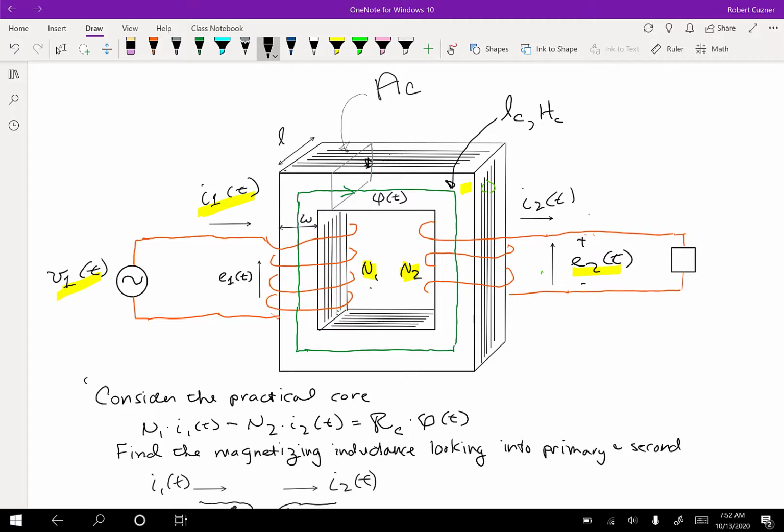the input volt amperes, which would simply be the product of V1 RMS times I1 RMS, and assuming that a power meter were available, we measured the input power factor.